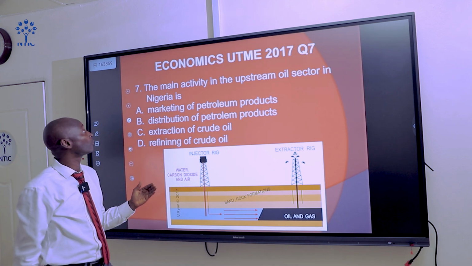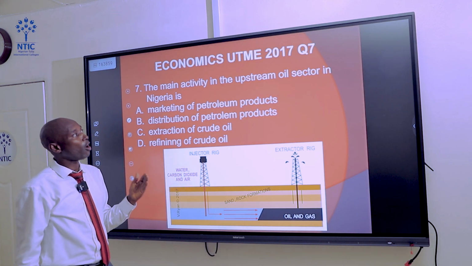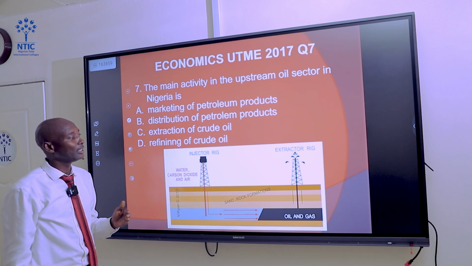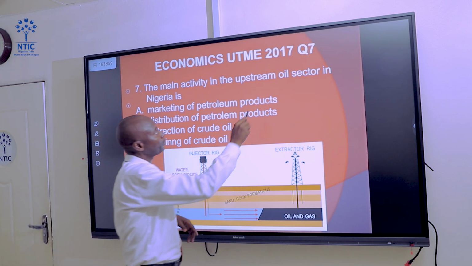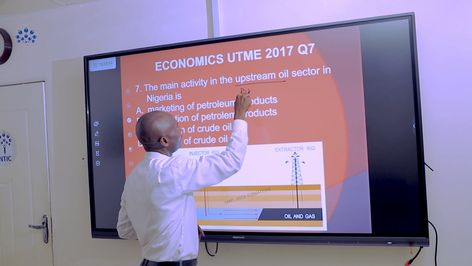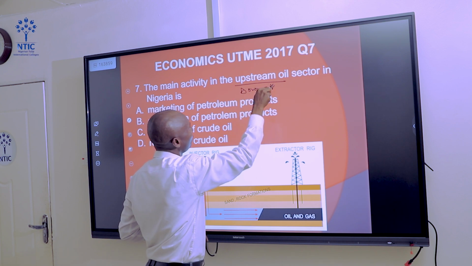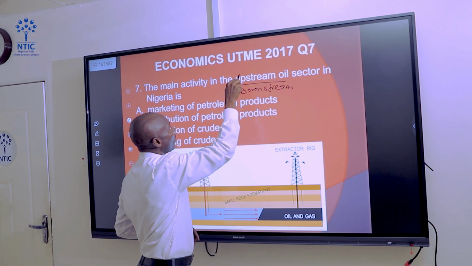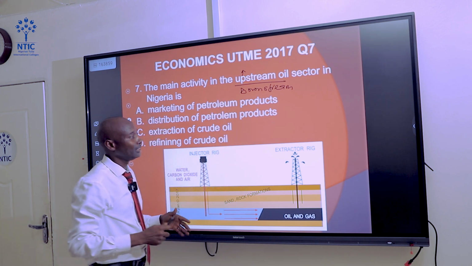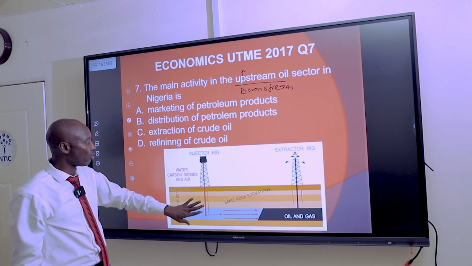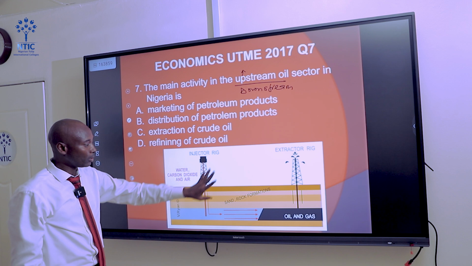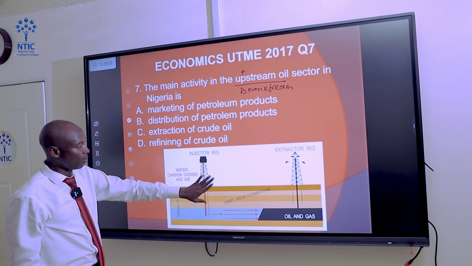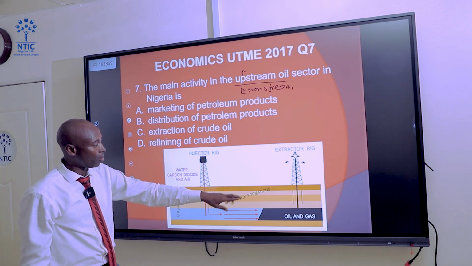Question 7. The main activities of the upstream sector in Nigeria. There are two sectors: we have the upstream and the downstream. Upstream means the extraction of oil, and that is where we put the oil rig to look at the layers of sand, rock, and formation.